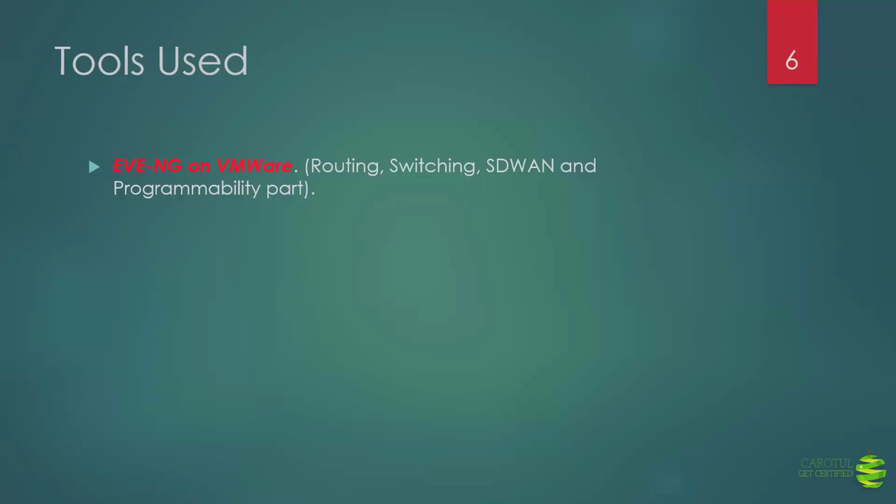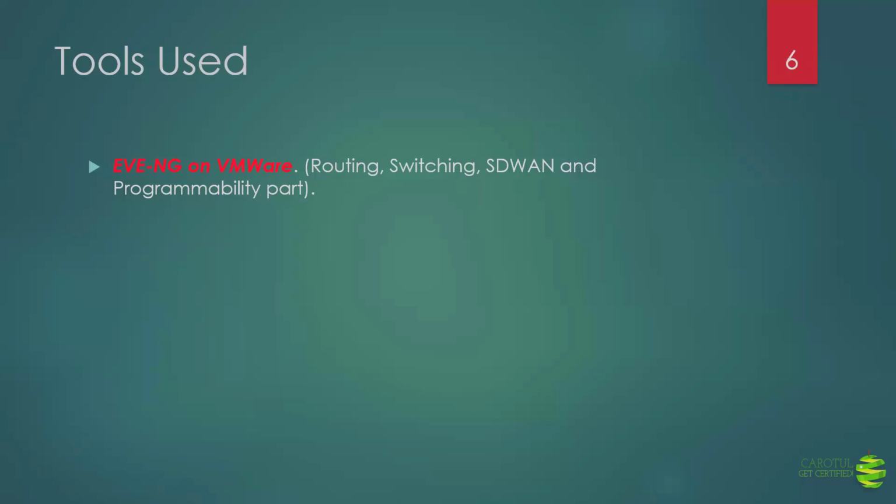Simulator basically means that you are simulating the routers and switches as if you are dealing with the router or switches. They are actually software behaving just like the operating system of the router or switch, but they are not the actual operating system. So you don't get all the features in a simulator. But EVNG is an emulator, meaning it doesn't try to mimic the real operating system. It actually has the real operating system.